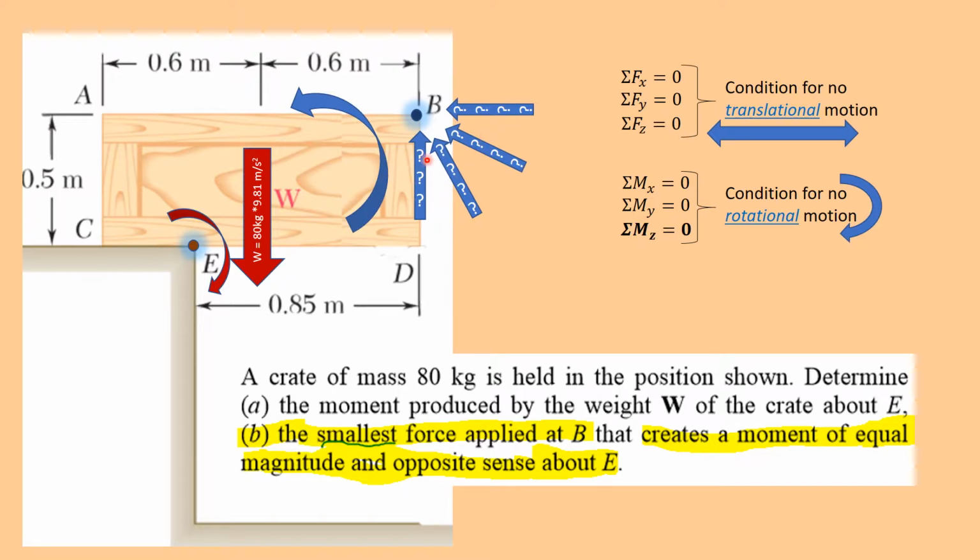So you could push straight up, you can push straight over, and all of this is going to create some kind of counterclockwise motion, but we want to be lazy. We want to find the easiest direction to push on B with to stop this motion. So which direction would be easiest to create that motion?